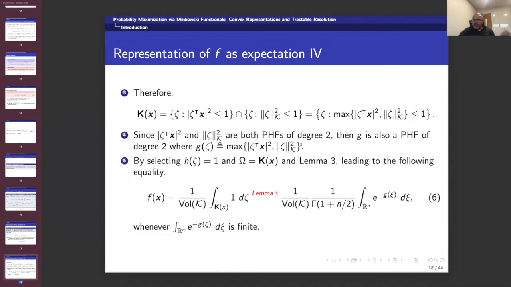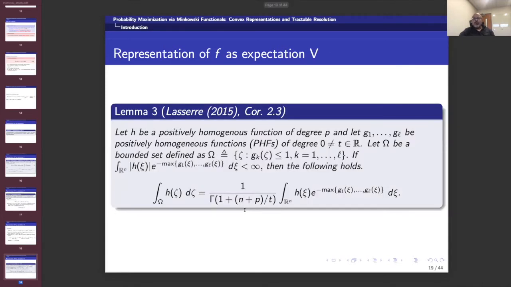Okay, so that observation allows you to invoke a result by l.s.c, which was proved in 2015, and I'm going to just provide that result. So what l.s.c proved was that if h is a positively homogeneous function of degree p, right? So this is what we have on the left. This h is essentially what we have, we have our g.